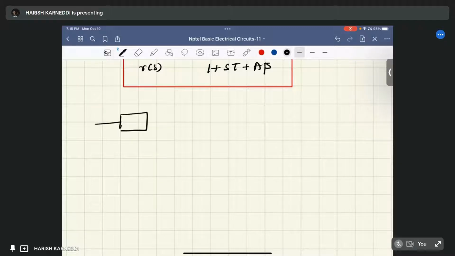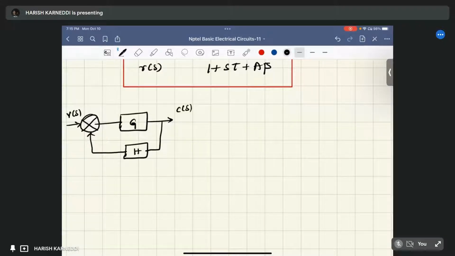Let us suppose G is the forward path gain, our input is R of S, our output is C of S, and you have a feedback path gain of H. Now you want C of S by R of S. If it is negative, then this is a negative feedback system.